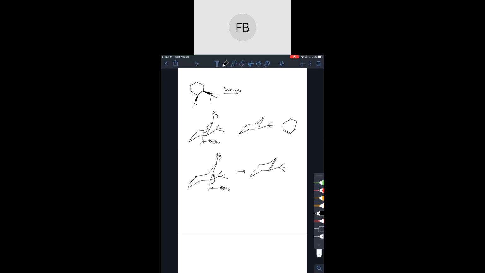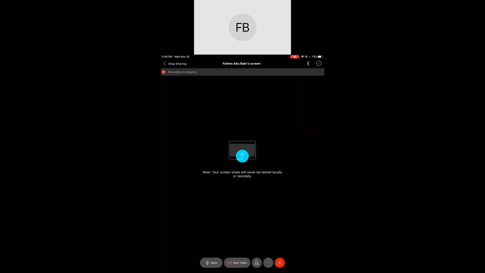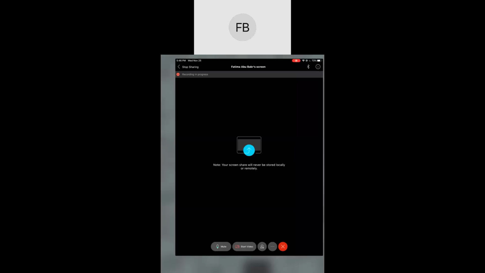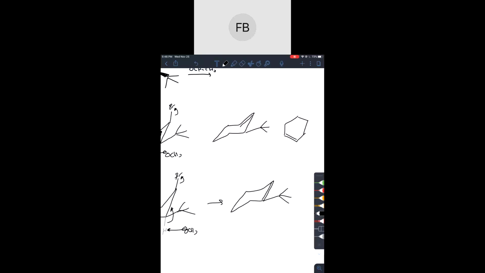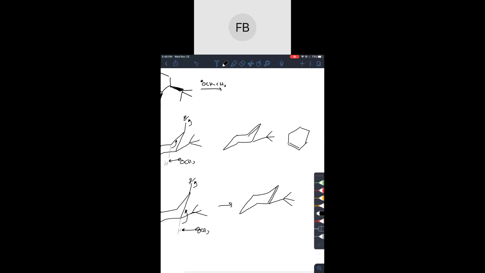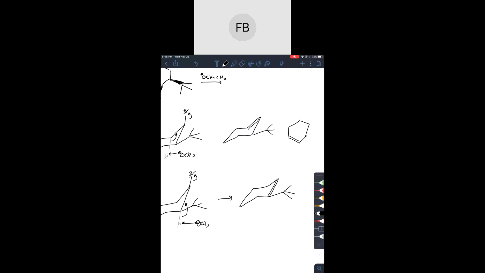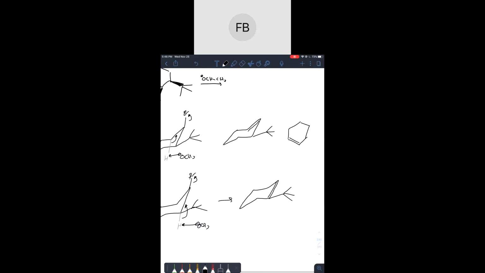Sorry, just a second. So when I'm drawing right now the answers, the way that they look with the cyclohexanes fully formed, this one will have the double bond there, and then our tert group is going to be here.